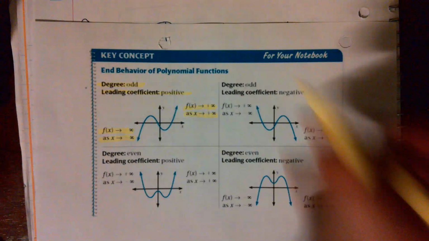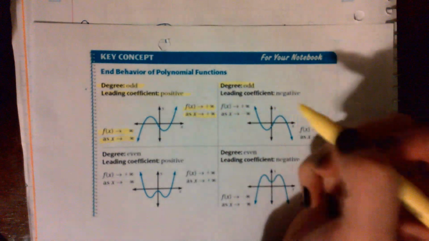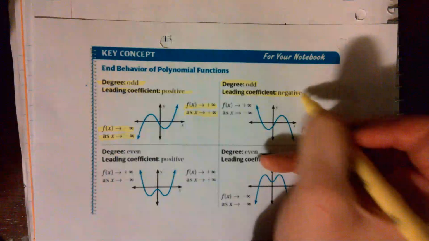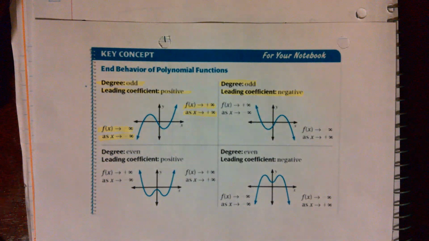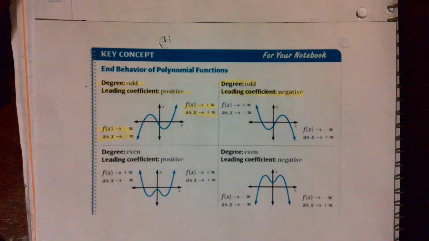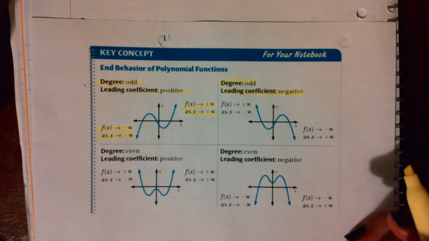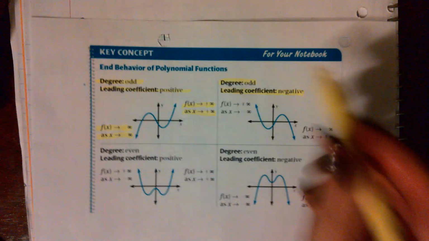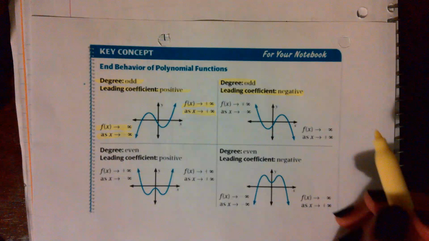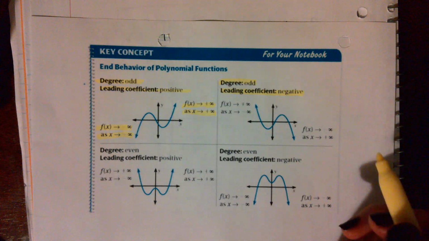Okay? If our degree is odd, again, the highest exponent is 1, 3, 5, 7, 9, all those odd numbers, but our leading coefficient is negative, so you will actually see the negative sign in front. Remember, positives are usually invisible as our leading numbers. But if we have a degree that's odd and a leading coefficient that's negative, we can expect the opposite to happen.